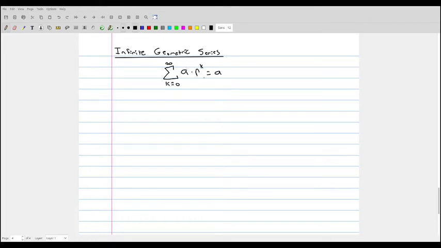When you plug in for the actual terms of the series, you get a times r to the 0, which is a times 1, or a, plus a times r to the 1, plus a times r squared, and so on and so forth, all the way to infinity. It turns out that we already have the tools at our disposal to figure out what this converges to and why it converges.